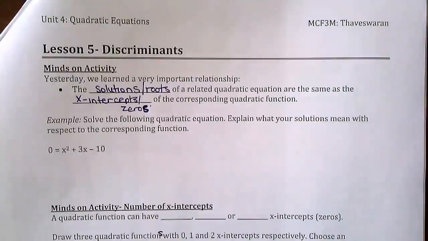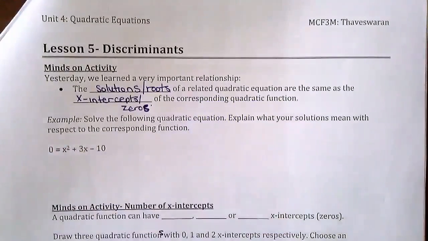So we looked at this particular relationship and we graphed some parabolas. We noticed that their X-intercepts were the same as the solutions we would obtain if we converted a function to its related quadratic equation. So let's work backwards this time.